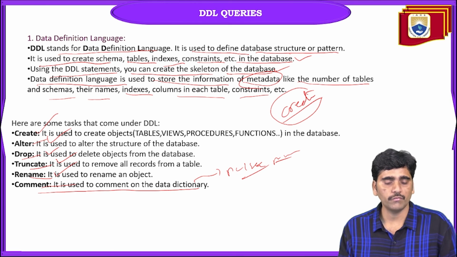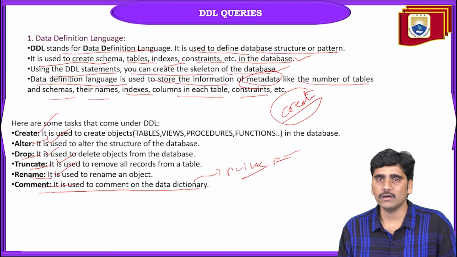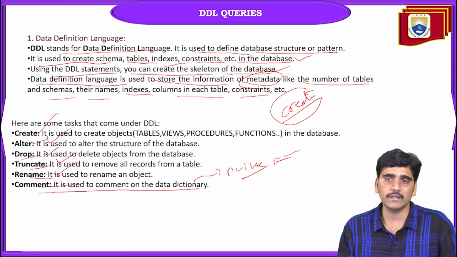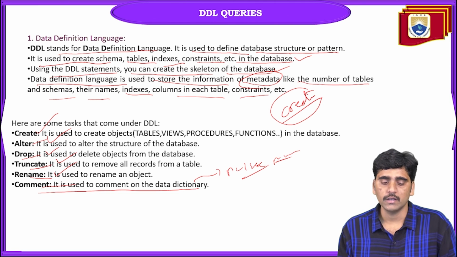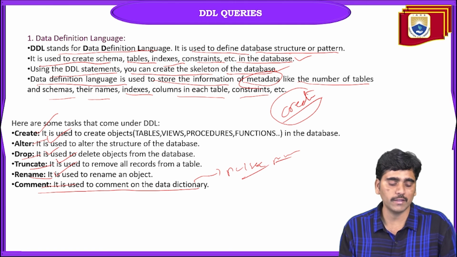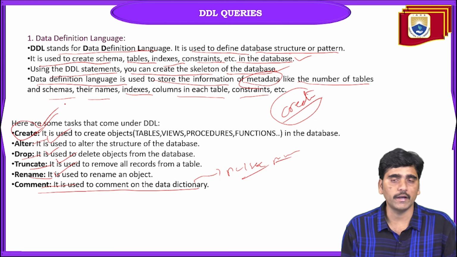From these commands, what we learned is that the CREATE command is used for creating all the data objects, not only tables. You can create constraints, indexes, procedures, triggers, and views, everything, with the help of only the CREATE command.